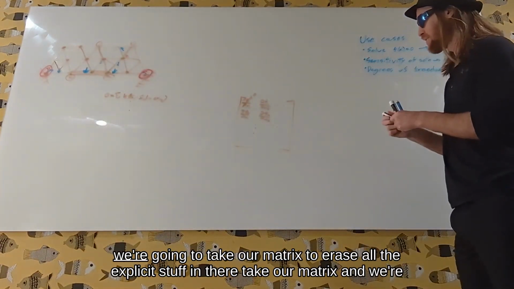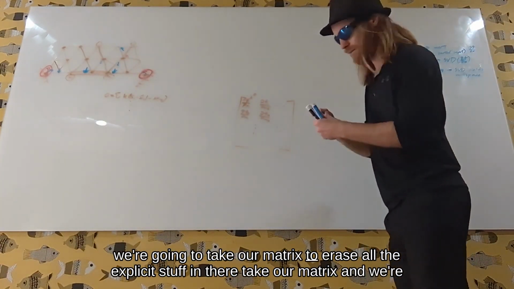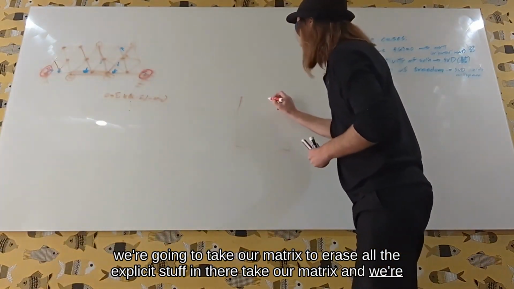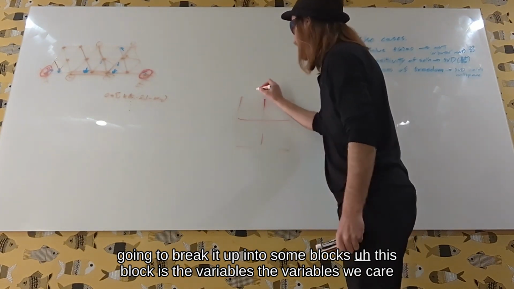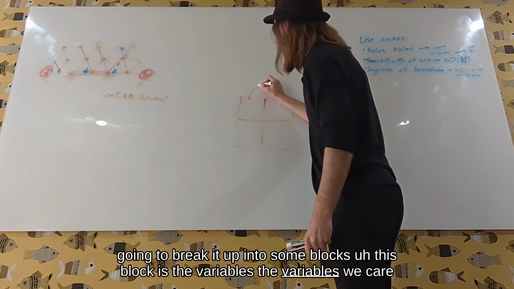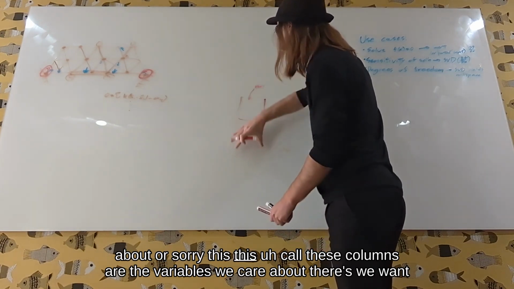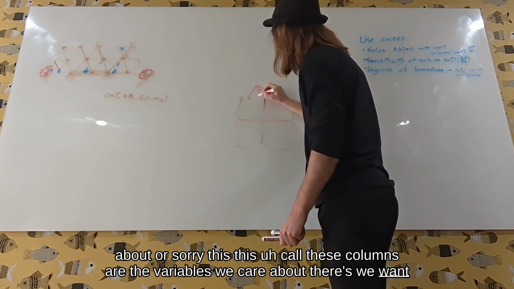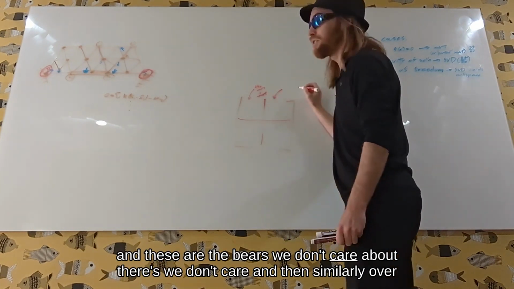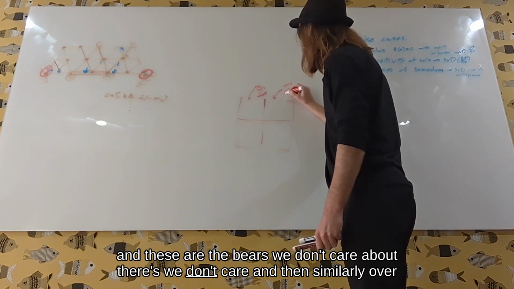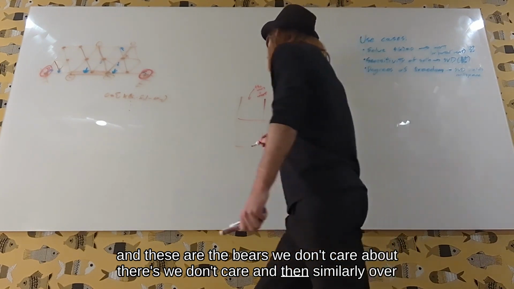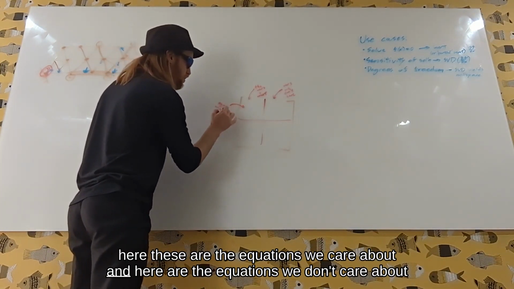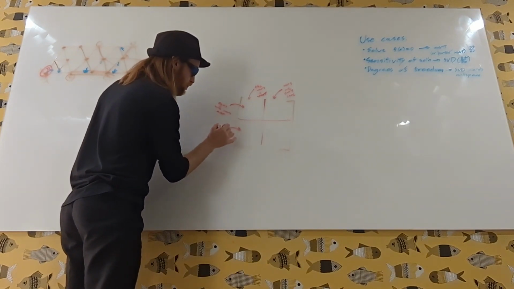So here's how this works. We're going to take our matrix and break it up into some blocks. This block is the variables we care about. Or sorry, these columns are the variables we care about, and these are the variables we don't care about. And similarly over here, these are the equations we care about, and here are the equations we don't care about.